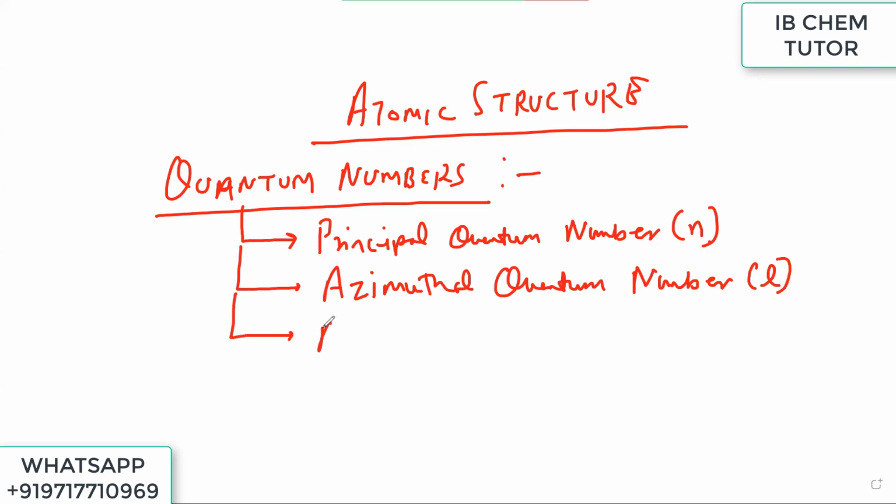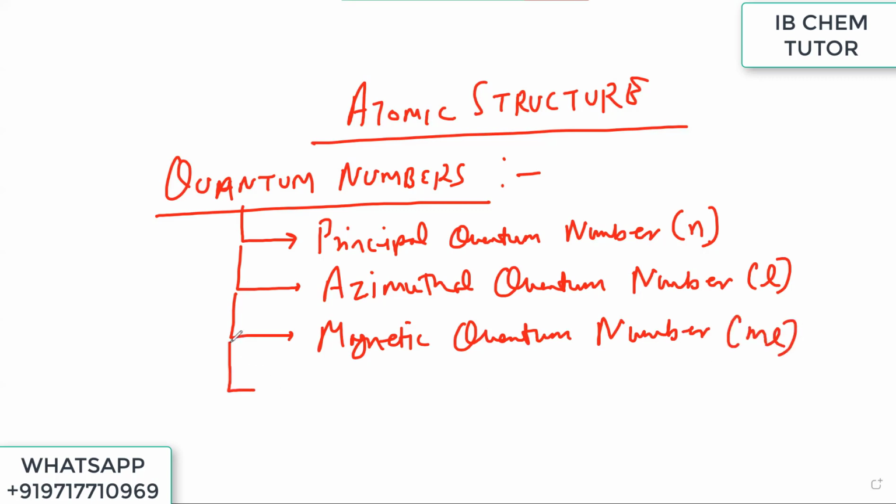Then we have magnetic quantum number, m, and in the last we have spin quantum number. Right. Okay.